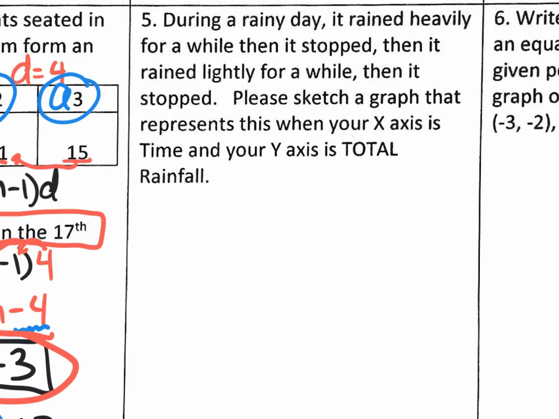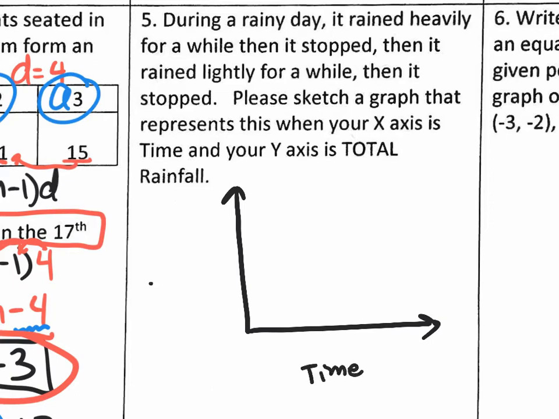Okay, so number 5, during a rainy day, it rained heavily for a while, then it stopped, then it rained lightly for a while, and then it stopped. It says, please sketch a graph that represents this when your x-axis is time and your y-axis is total rainfall. Ladies and gentlemen, let's make an xy plane where the x-axis, the one that runs left to right, is time, and the y-axis is total rainfall.